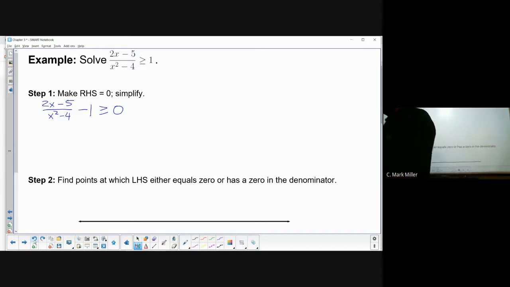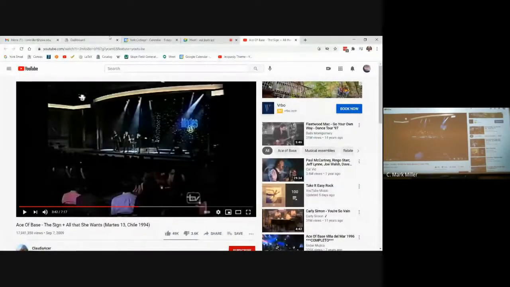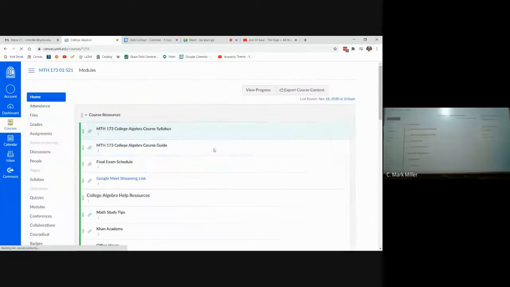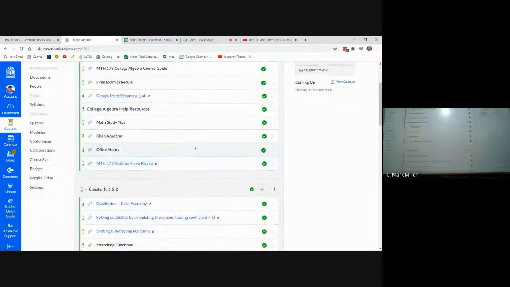So be sure in the homework, number one, that you're doing the homework, right? I'm aware that there are websites you can plug stuff like this in, and it will not only get you this answer, it will give you all the steps. It will show you the work. There are websites out there. In fact, I have them on the course webpage. I encourage you to use them as learning tools. Right here on the Canvas, actually I don't have them here.